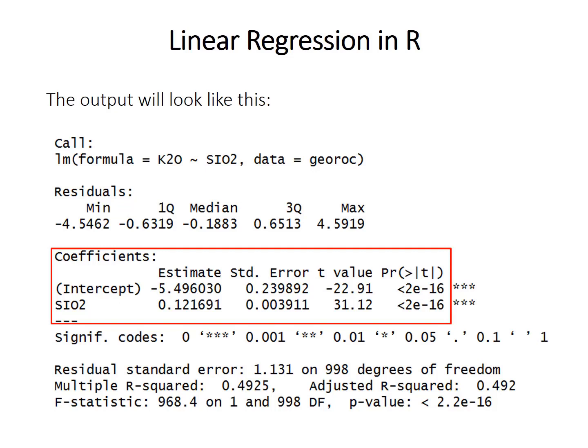Because I did a regression of K2O as a function of SiO2, it tells us that K2O increases by 0.12 percentage points for every 1 percentage point increase in SiO2. If there were more independent variables, they would be listed below here. You just get several rows of your different independent variables.